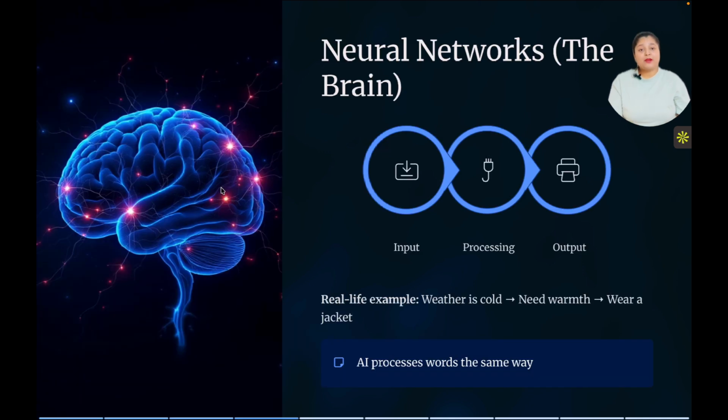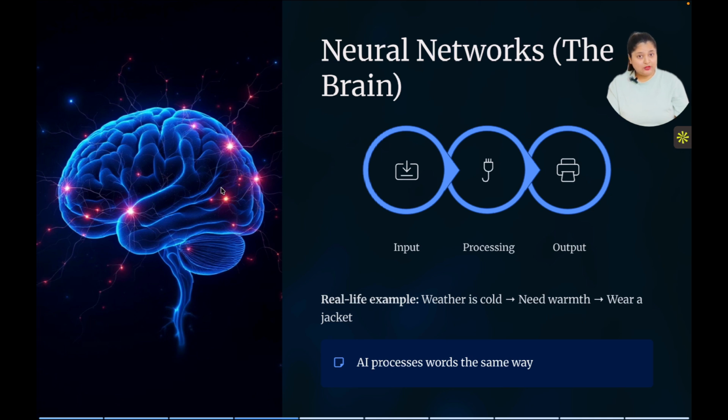Now comes the brain behind the system, the neural network. Don't worry, we will keep it simple. Think of it like a decision making machine. It has inputs, layers of processing, and output. That's it. Let's understand this with an example. Imagine you're thinking what to wear. So, what is the input? The weather is cold. What is the processing?